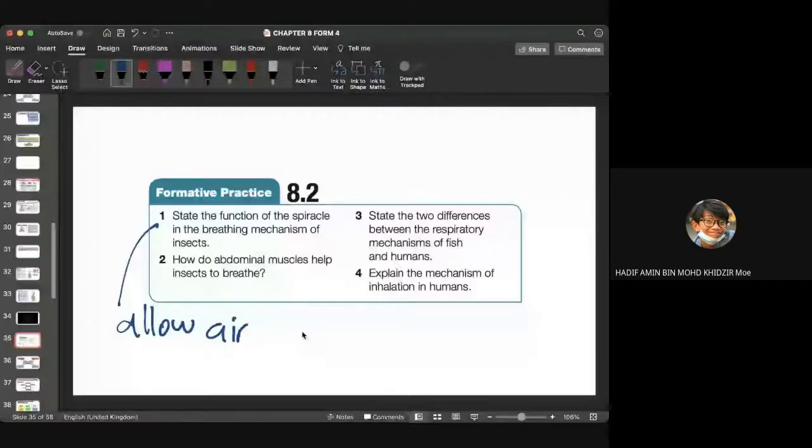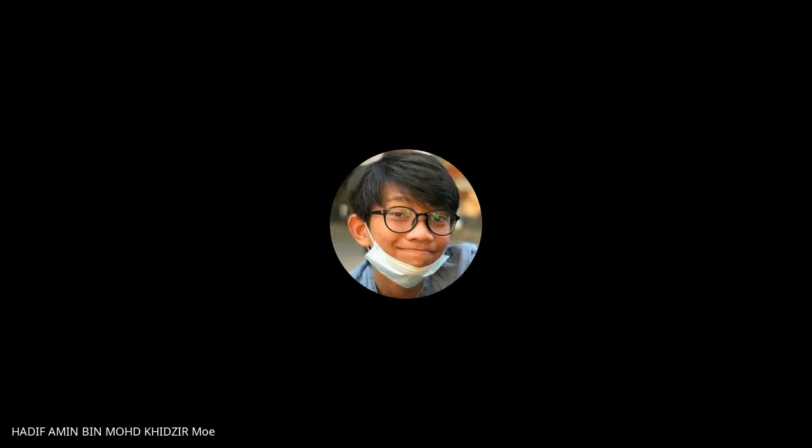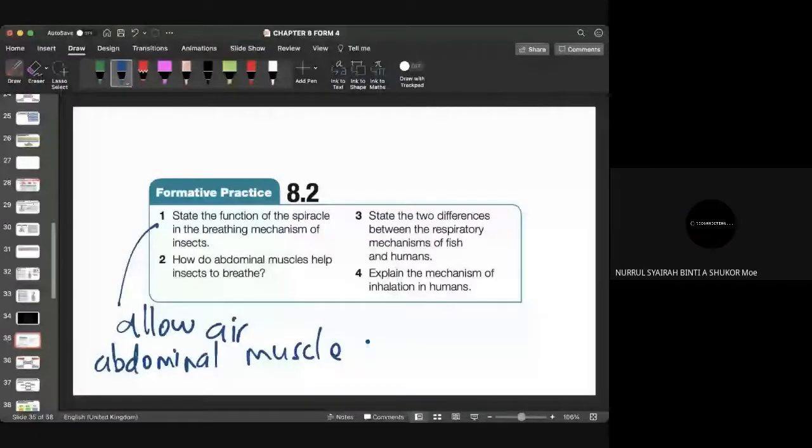How do abdominal muscles help insects to breathe? Ingat tak macam mana dia start? Abdominal muscles relax and contract, enables air to go in and out of the trachea. Betul. Okay, cuma lebih tepat lagi kalau you cakap abdominal muscle contract and relax, baru kita control the opening of spiracle valve, right?